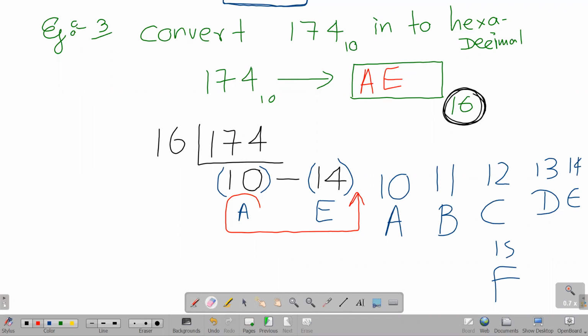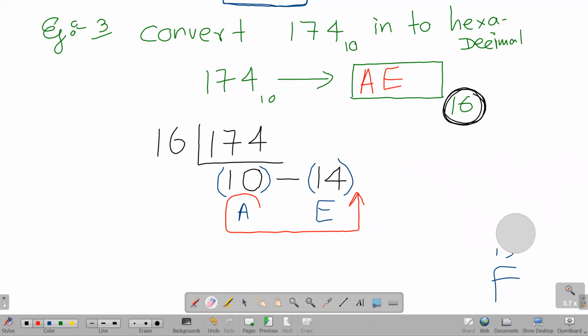People, is that clear? Yes, sir. Okay. So let me recap it again. We take 174, a decimal which will be converted into a hexadecimal. So we divide it by 16, because we are converting it to a hexadecimal value. We must divide a number by 16 until we receive something less than 16.